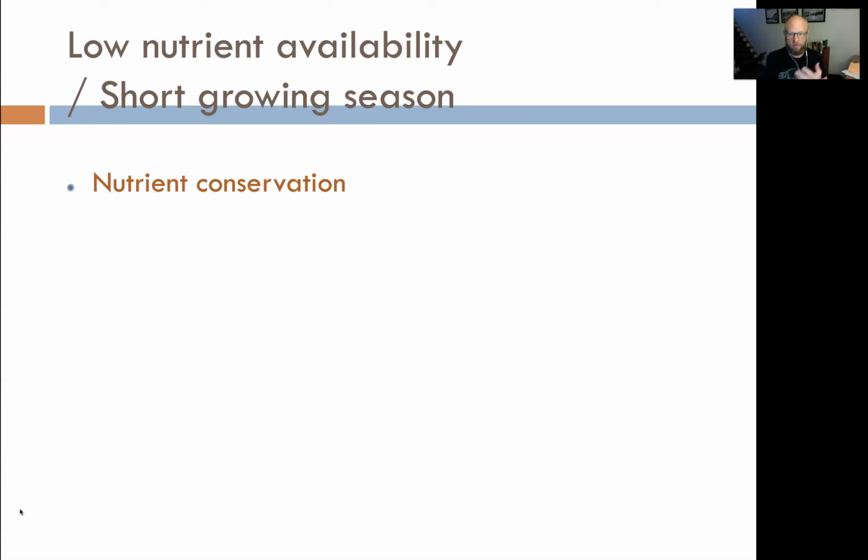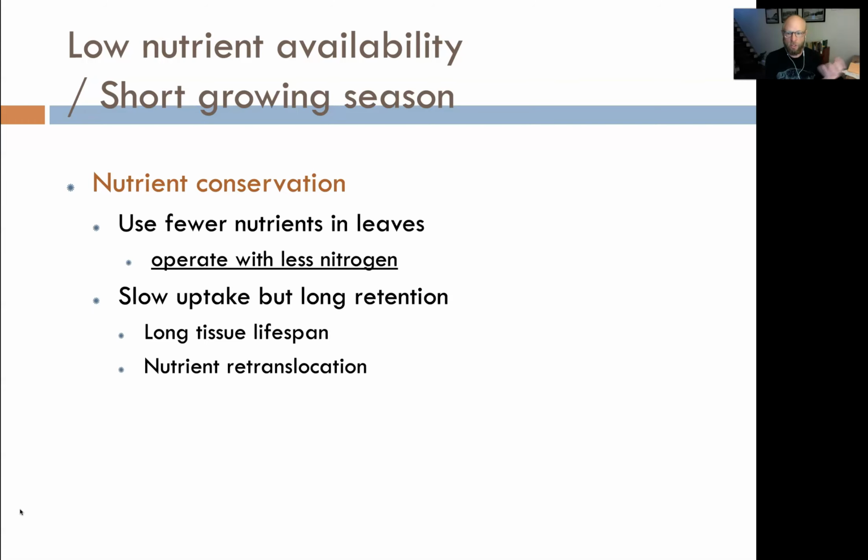So here's an example of a type of plant that is adapted to grow under low nutrient conditions. The way they do that is by investing a lot in their leaves so they can reuse what little nitrogen they have over and over. The high LMA means they're adapted to work with less nitrogen, so they have lower photosynthetic rates.